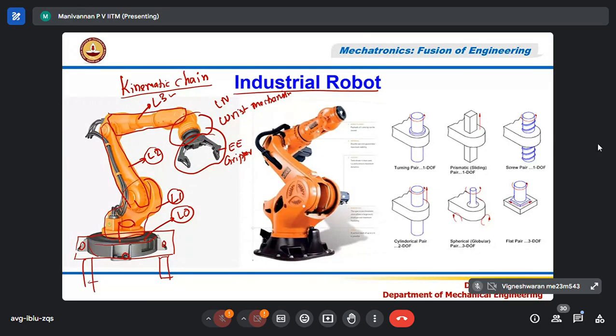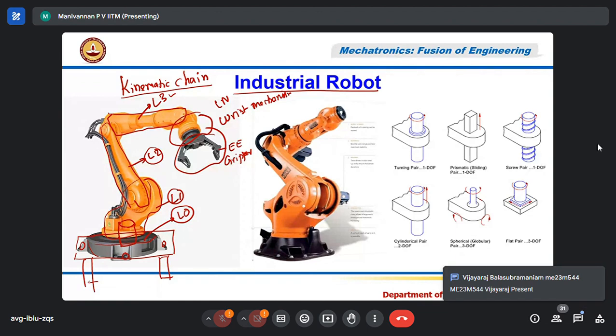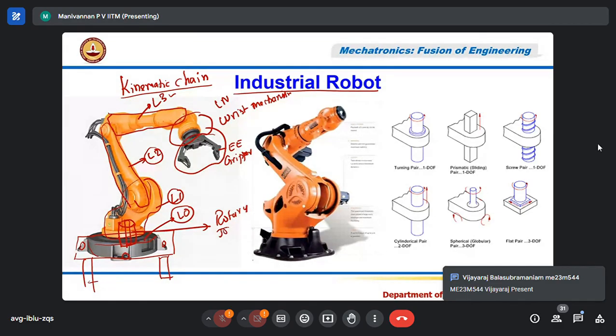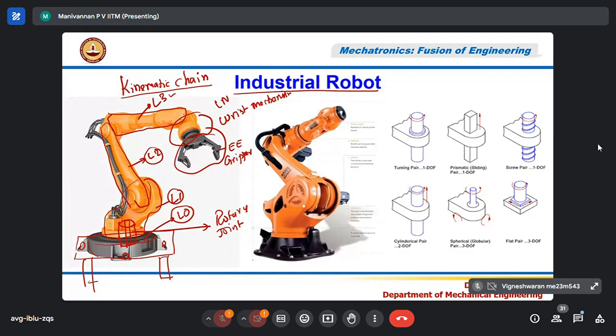There's a joint inside which is not visible, which is called a rotary joint. In any machine, you will have 2 types of joint. One is called a prismatic joint, or linear joint. This is the basic joint.